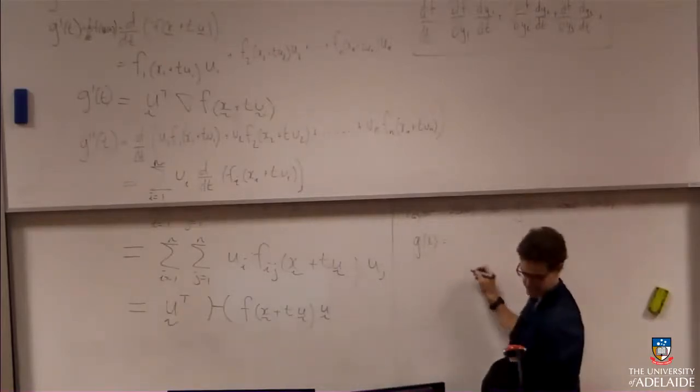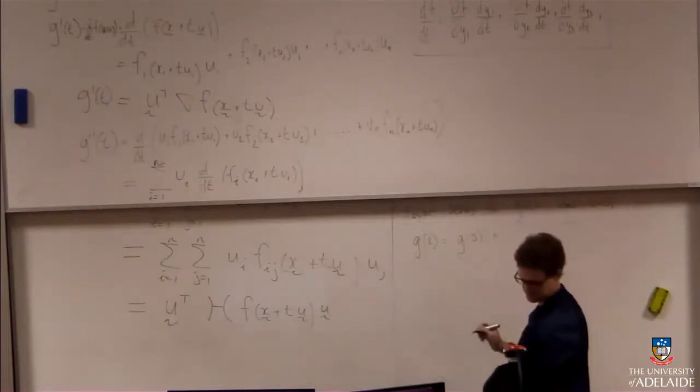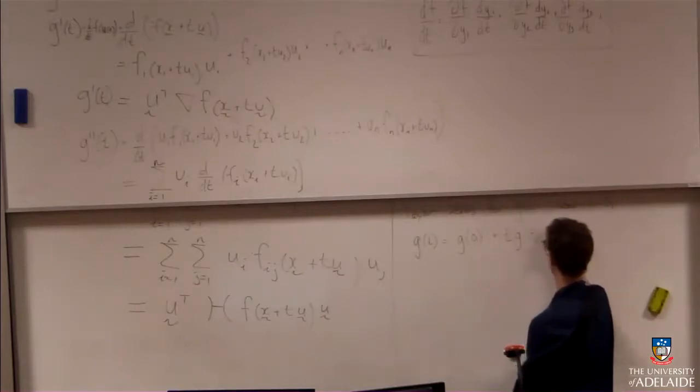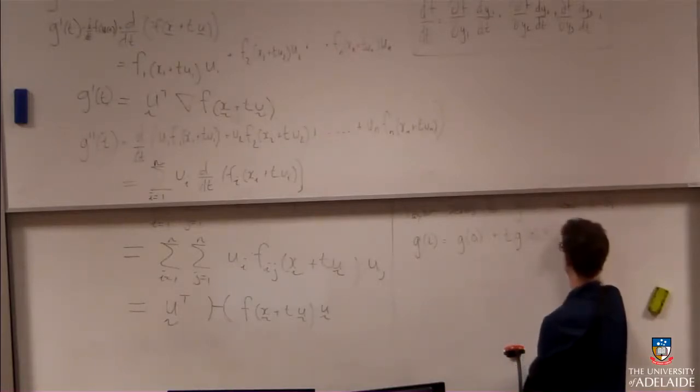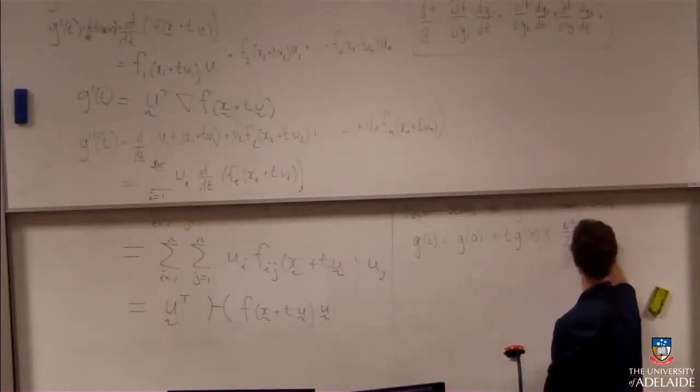Forget everything else, just think about the Taylor series of a function. That will look like g of 0 plus t g prime of 0 plus t squared over 2 g double prime.